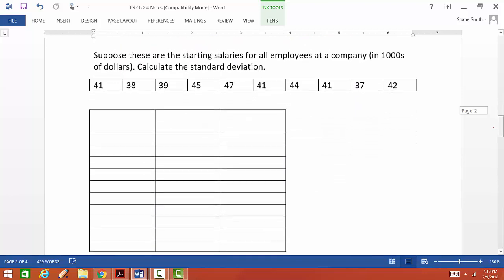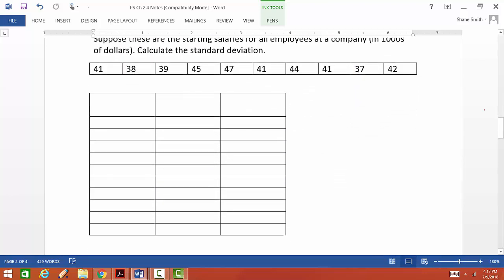So let's do that on this data set here. These are salaries of employees at a company. And notice how I have a blank table, and this blank table is going to help us with the process of organizing our work. So sigma is the square root of the sum of x minus mu quantity squared divided by capital N, and the square root is over the whole thing.